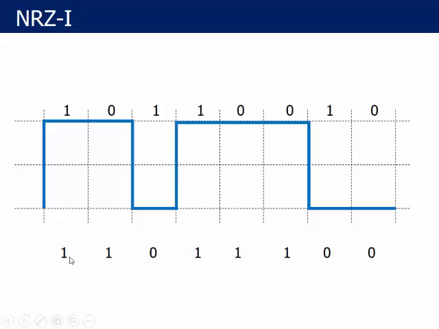Actually, this is our representation, but in real communication, the 1 means a high value transition, and 0 means a low value transmission.